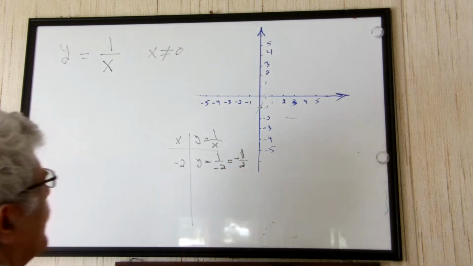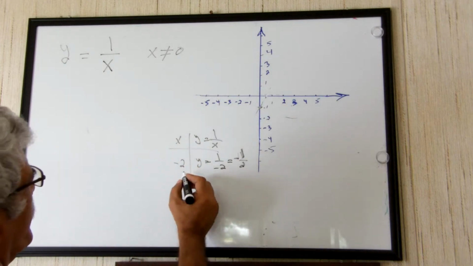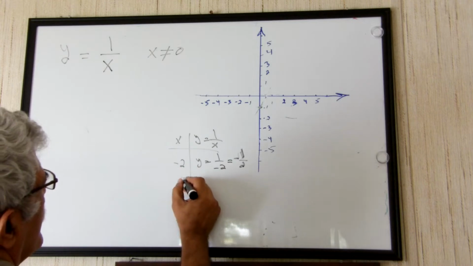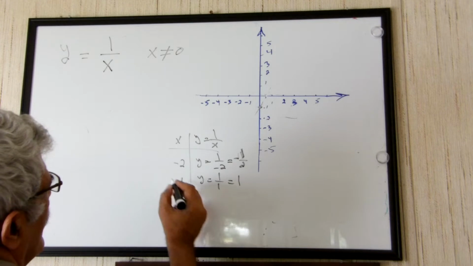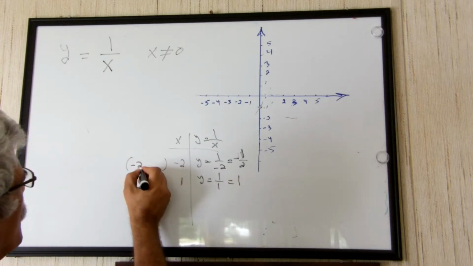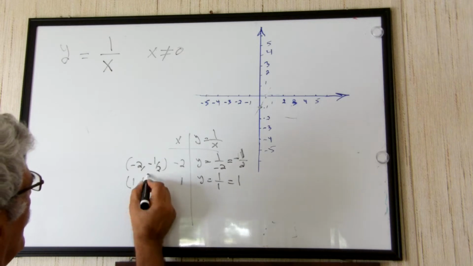If we give x equal to 1, y is equal to 1 over 1, which is equal to 1. So one point is x is minus 2, y is minus 1 over 2, and the other point is x is 1, y is 1.